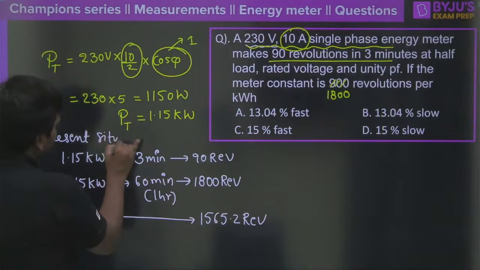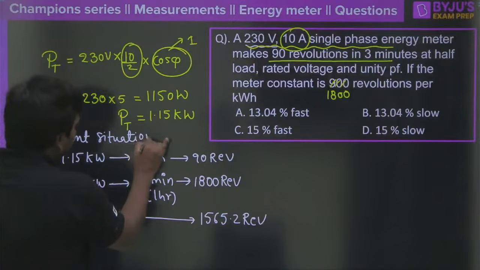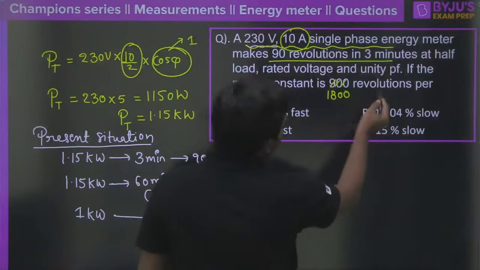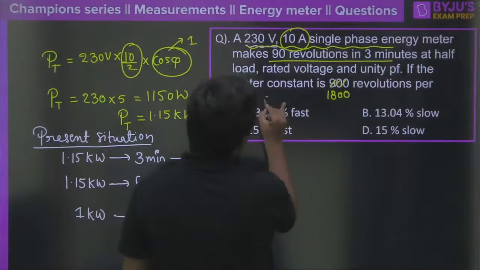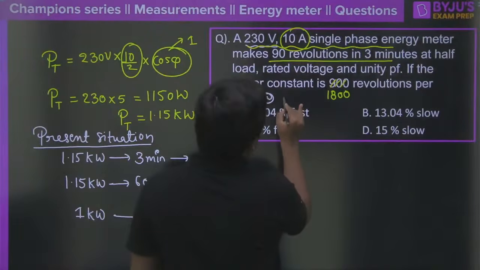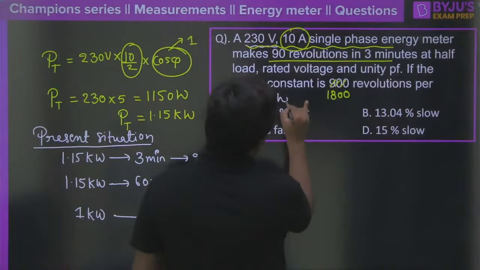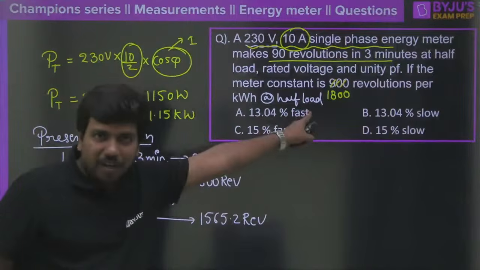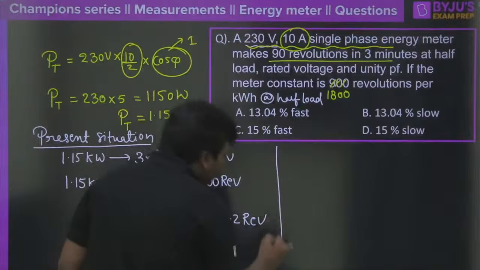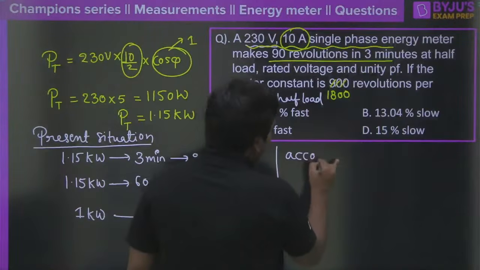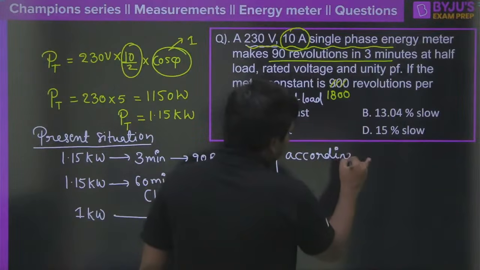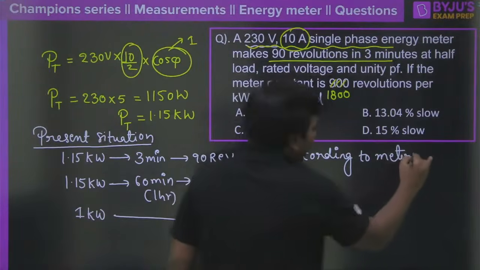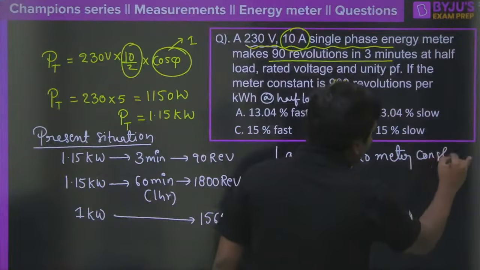But really speaking, according to the meter constant, it is 1800 revolutions per kilowatt-hour at half load. Clear? At half load. So what is the meter constant saying?